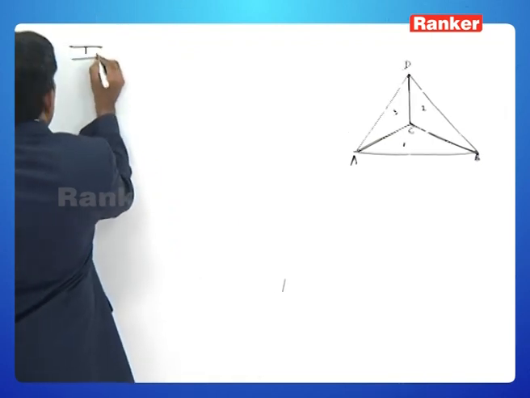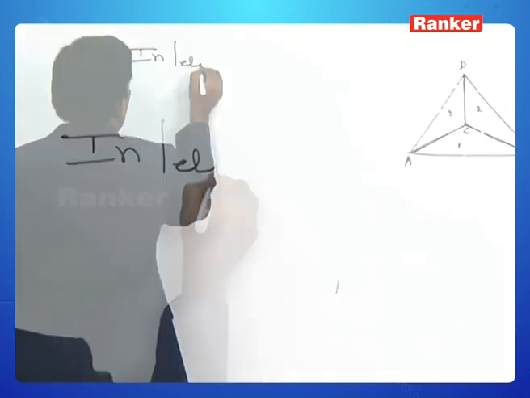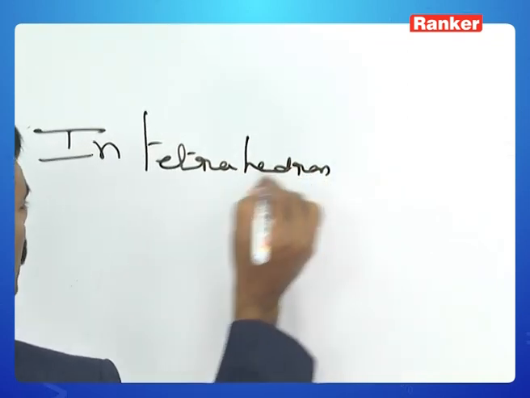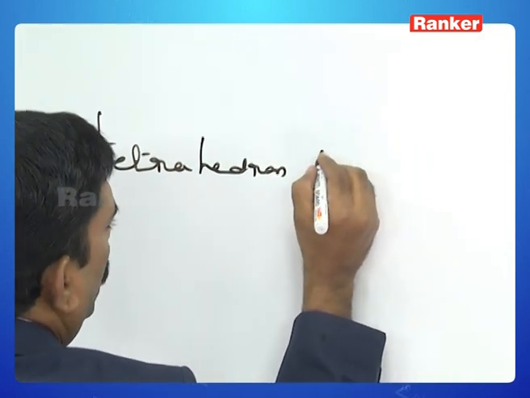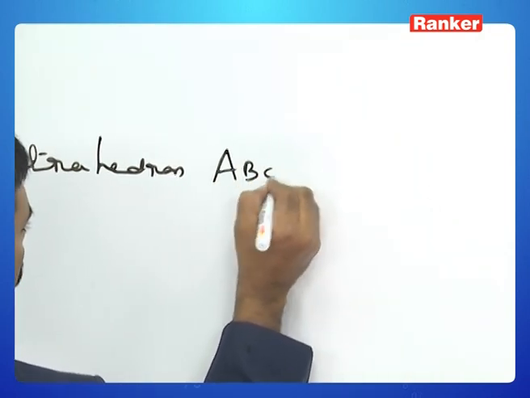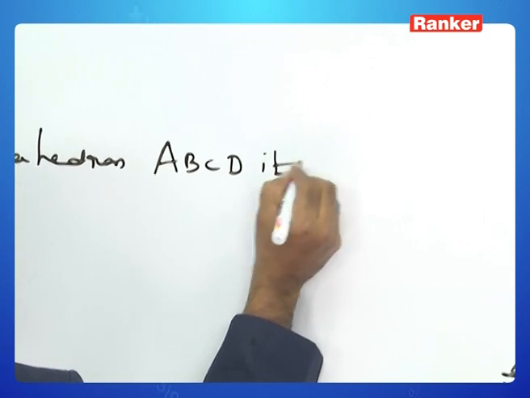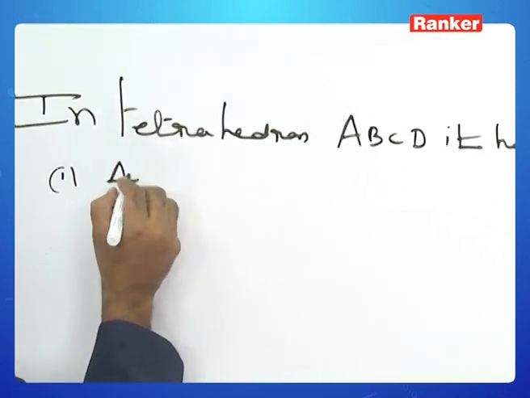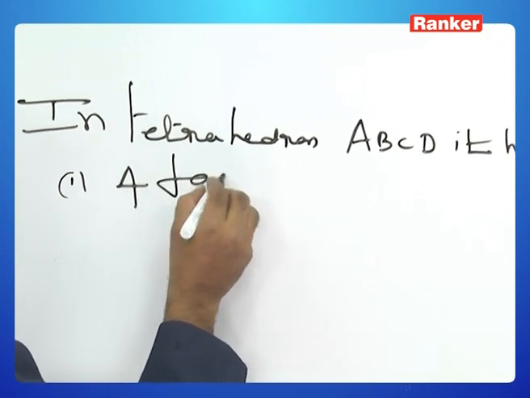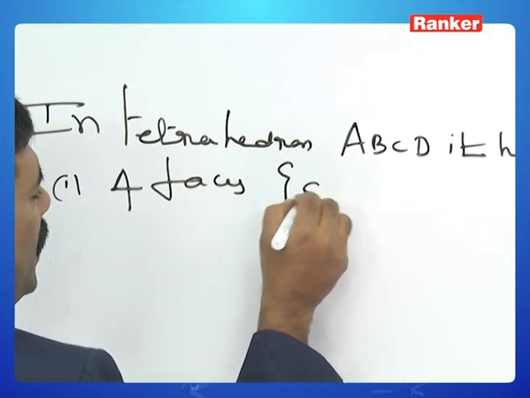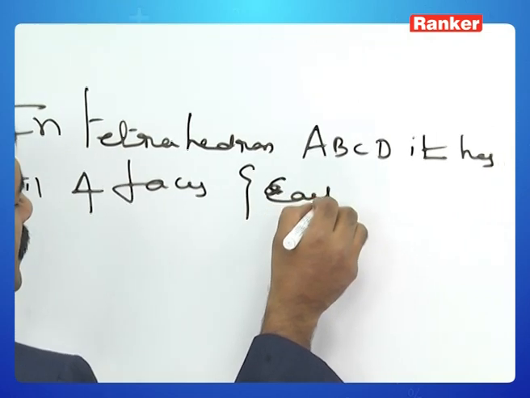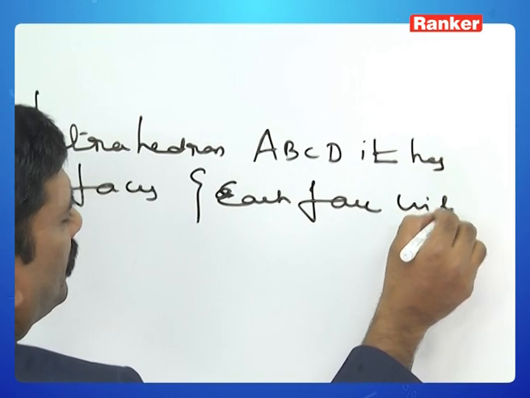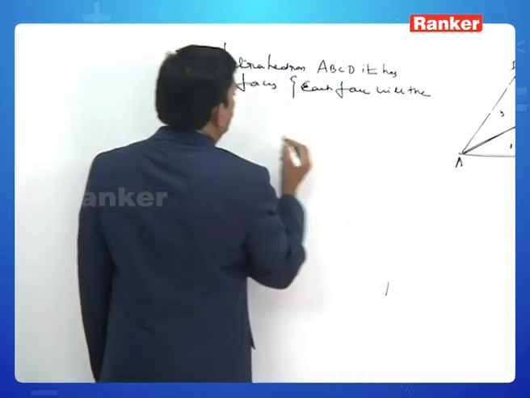In a tetrahedron ABCD, it has 4 faces, and each face will be the triangle.